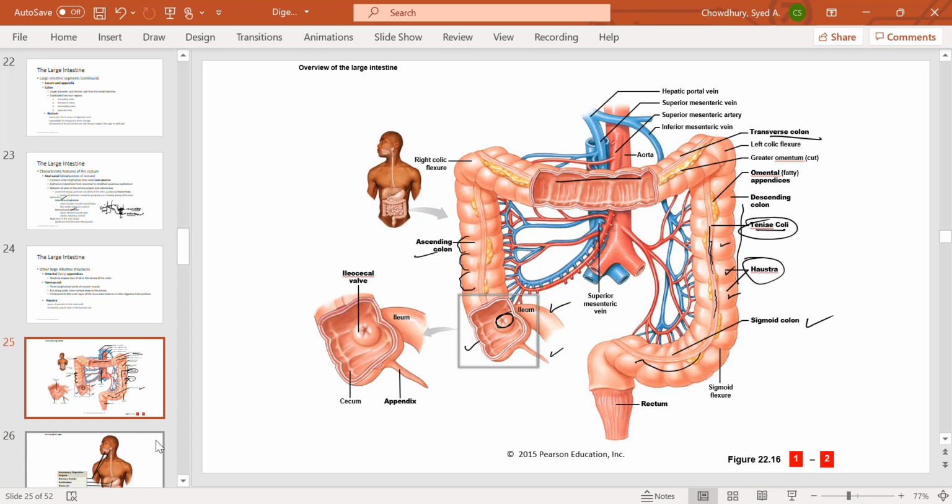And also you will see teardrop-like fat structures. These yellow structures you see here. These fat structures are mainly attached to the taenia coli, and these are called epiploic appendices or omental appendices, fatty appendices. Okay, so those three things you will see from outside in the large intestine.